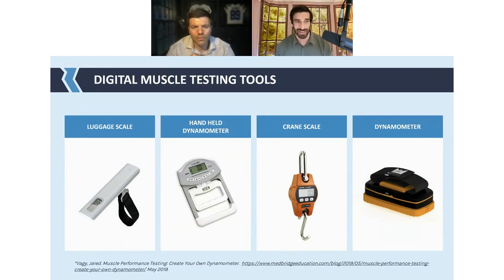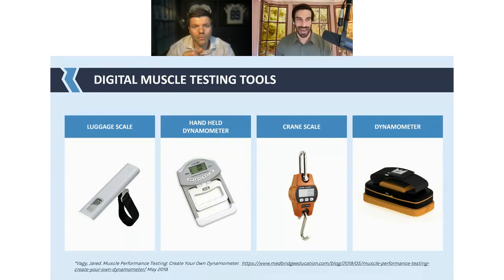So I started out using a luggage scale, and this was many years ago. There were no true dynamometers out, except maybe one or two brands that were extremely expensive, and obviously iPads and iPhones weren't around, or they weren't popularized. And so I would travel a lot, and so I'd use my luggage scale. I think they're like $5 or $6, maybe $10. And I would use that.